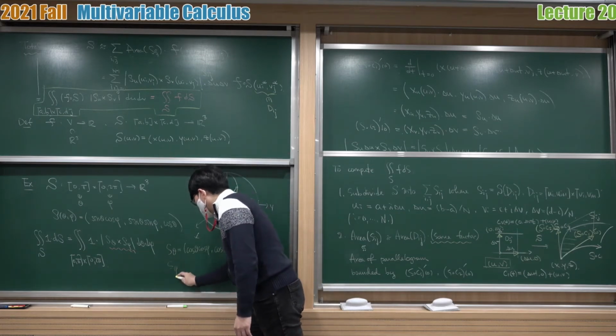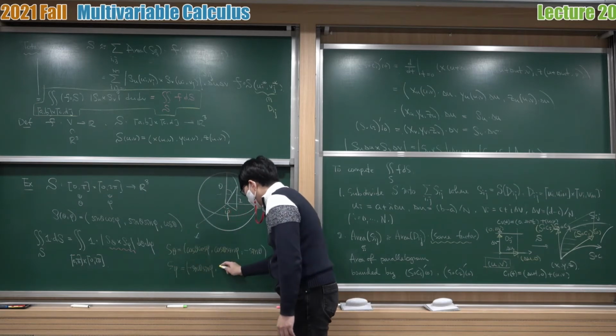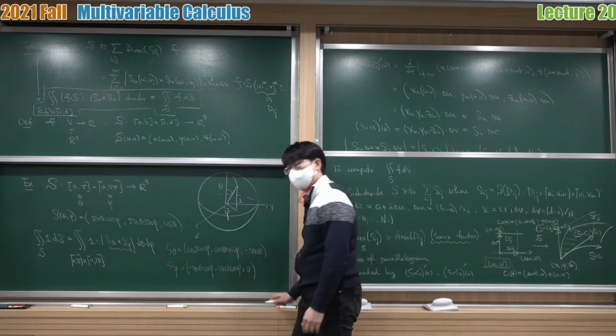And S_phi is minus sine theta sine phi, and then sine theta cosine phi, and 0, right?